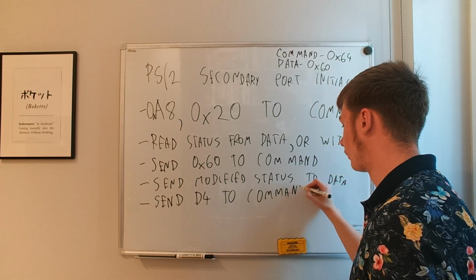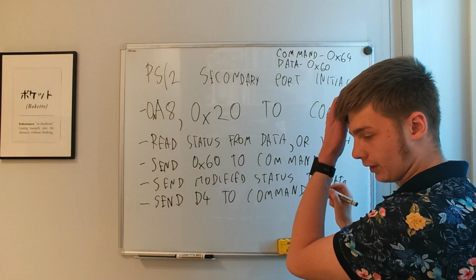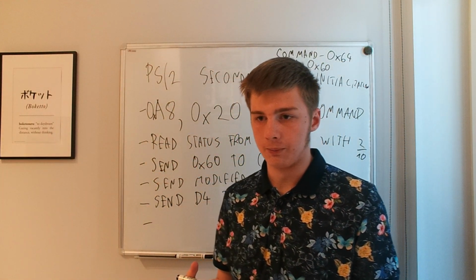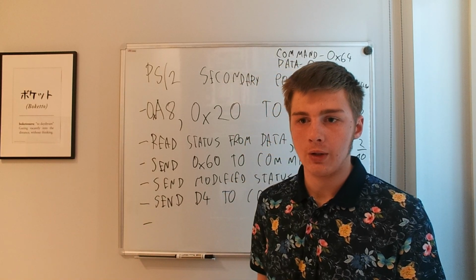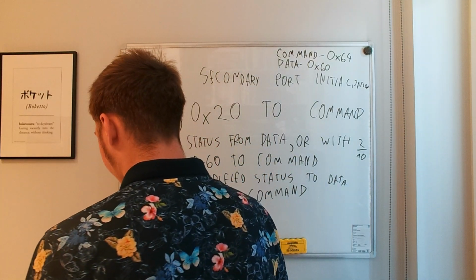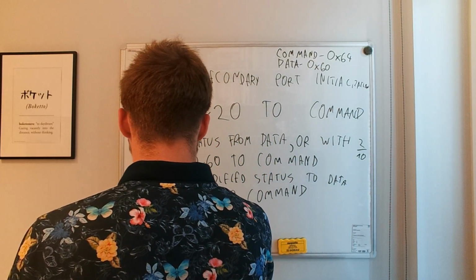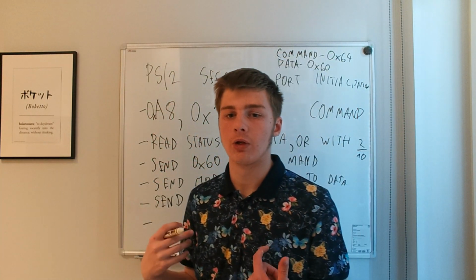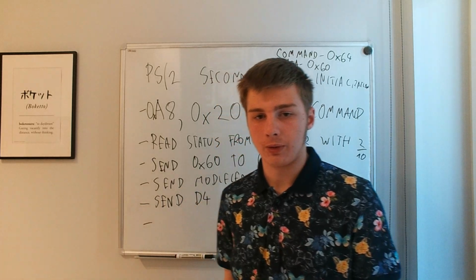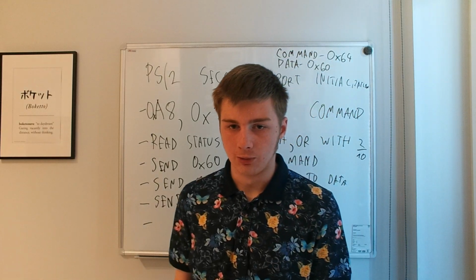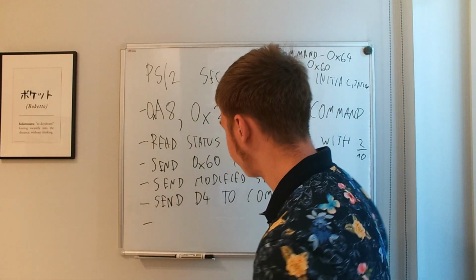So we send the D4 command to say, hey, I want to modify something about the secondary port, and then we want to set it to streaming reporting information mode. And the specific mode that we want to set it to, the sort of thing we want to change about it, will be specified by sending a corresponding code to the data port.